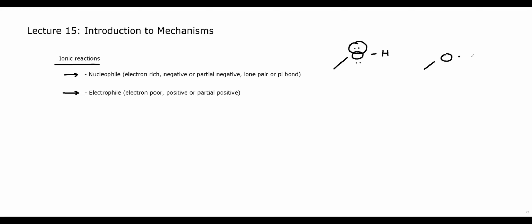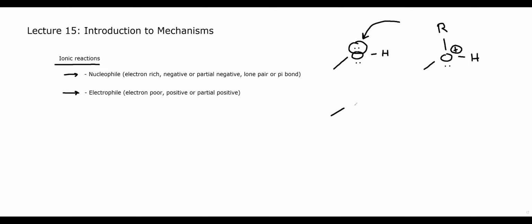This lone pair could reach out and make another bond with something. We'll just put R. If it did, it would have a positive one formal charge. That's okay. But this lone pair could act as a nucleophile, okay? It's electron rich, it's a lone pair, it could potentially make another bond.